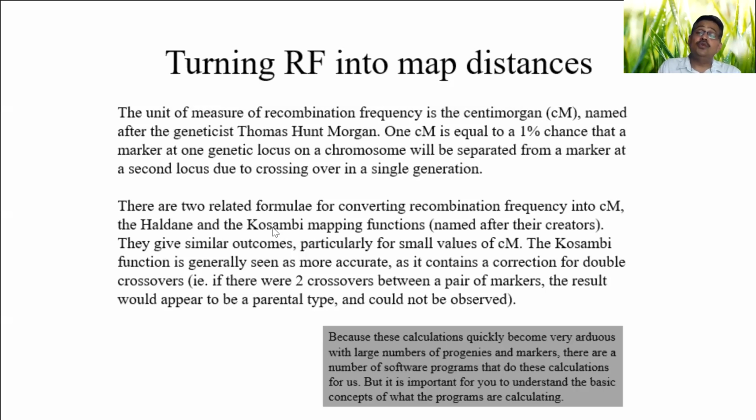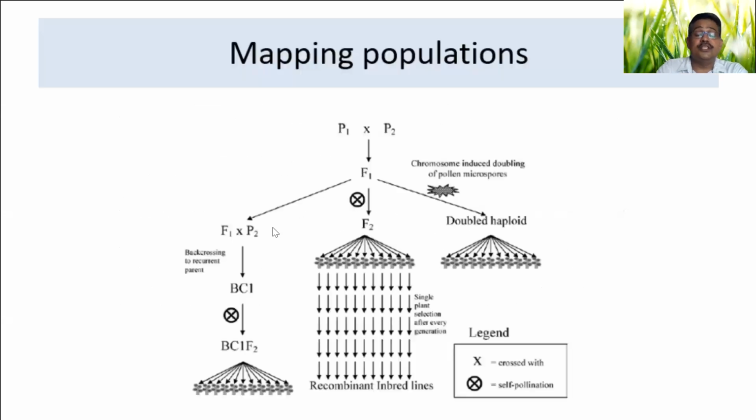This gives the probability of occurrence of double recombinants in a set of markers analyzed in the progeny, and it is applied as a correction factor to calculate the centimorgan distance.